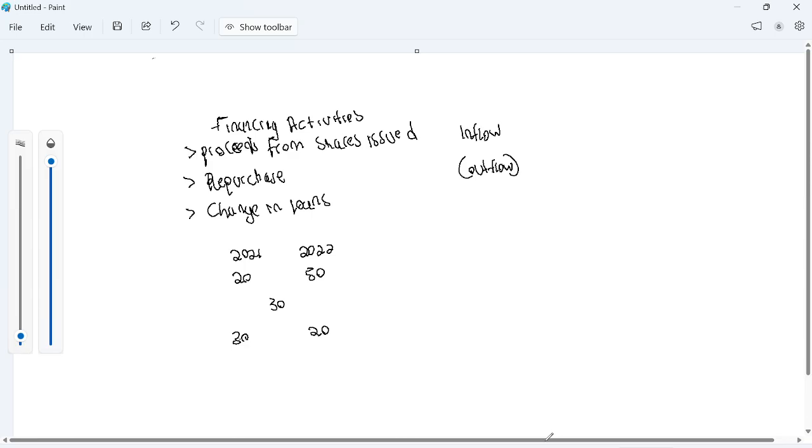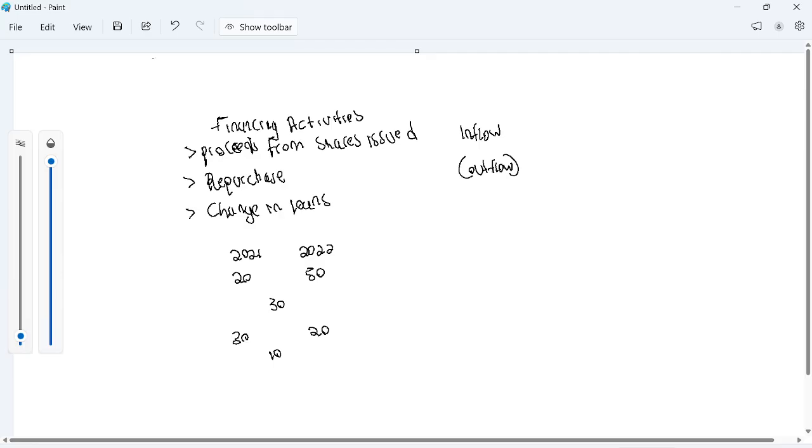A decrease in loan: the loan decreased from 30 to 20. What happened? It means that we as the company repaid our loan, because our loan was 30 and now it reduced to 20. So we paid 10 rand, and that's an outflow of money. So when it comes to loans, please interpret them, guys. Let me teach you how we get marks.